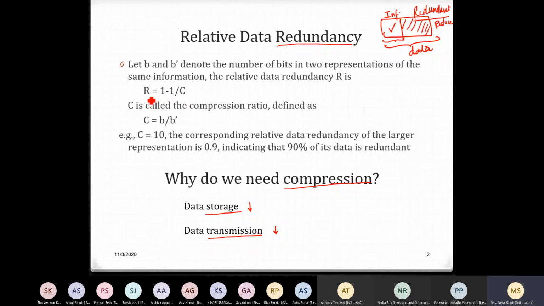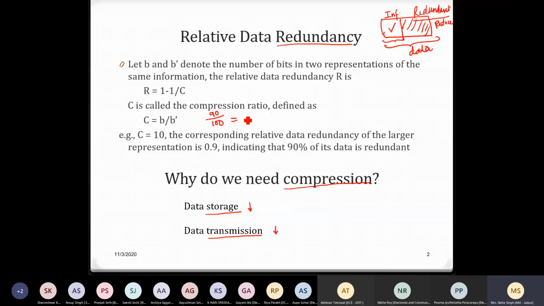Redundancy is defined mathematically in terms of compression ratio, where compression ratio C is basically nothing but B upon B dash, where I mean that if the original number of bits were B dash and now after compression I have used only B number of bits. For example, if I had 100 bits initially, so B dash was 100, but I could use only 90 bits to be transmitted.